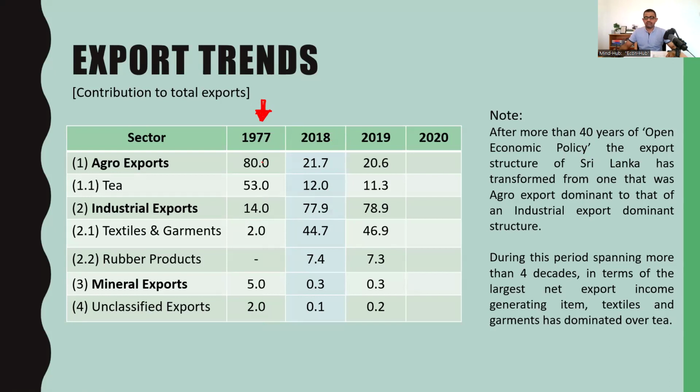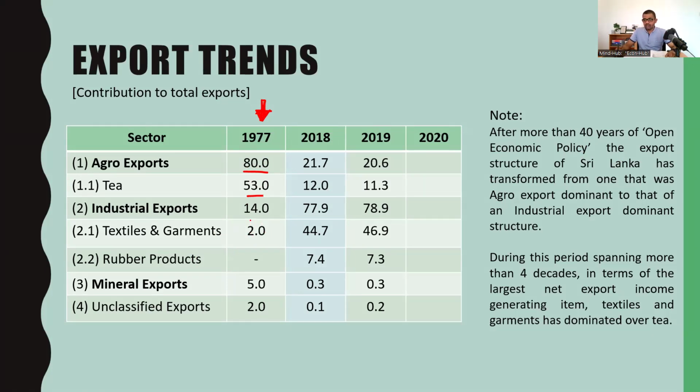In 1977, agricultural exports was 80%. 80% of our exports came from agriculture. Then out of that, the single biggest contribution came from tea in 1977. 45 years ago, more or less, 4.5 decades ago.